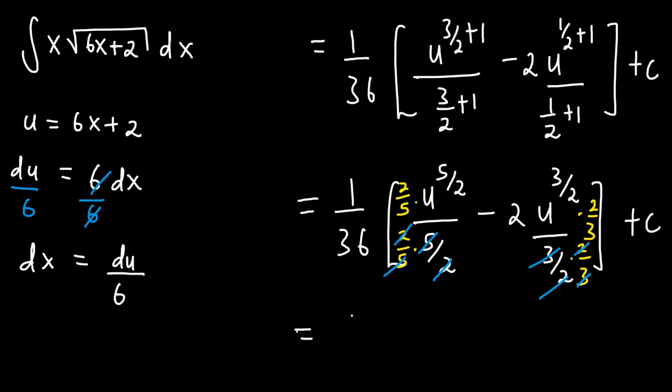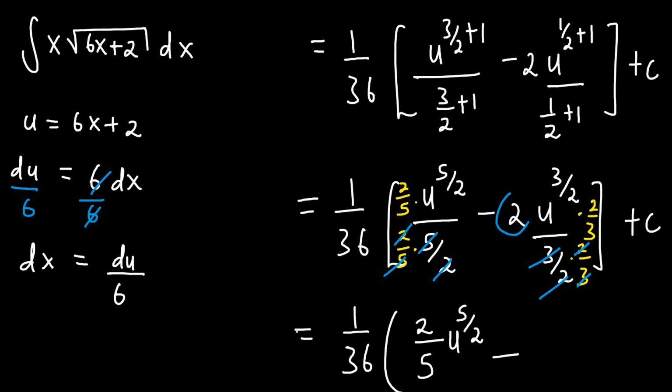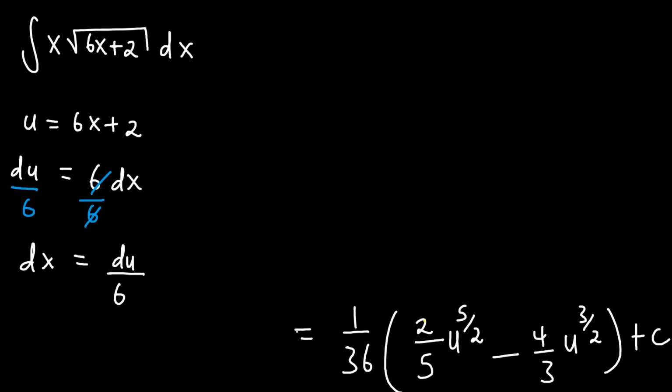So we shall have 1 divided by 36 into, now this will be 2 divided by 5 times u to the power of 5 over 2 minus, now 2 times 2 divided by 3 will give us 4 divided by 3. So this will be 4 divided by 3 times u to the power of 3 over 2 and then plus c. And as you can see, 2 is the greatest common factor. So let's pull it out.